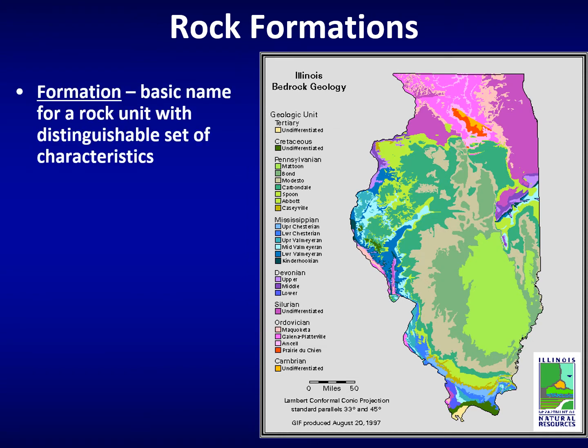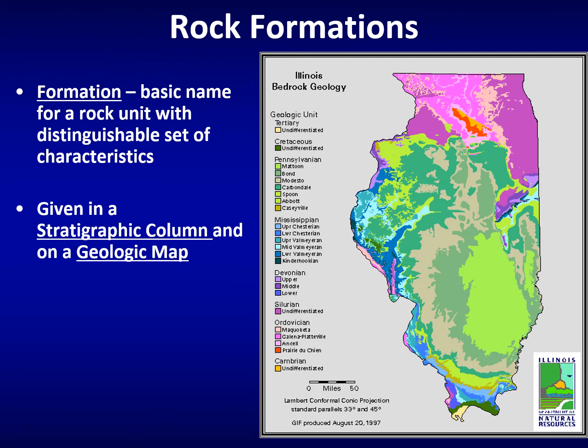If you look at how the rocks are deposited, and when we go out and look at rocks, we're looking at them from the perspective of formations. A formation is a rock unit that has a distinguishable set of characteristics. When you go out and look at, say, the rocks in Illinois, pictured here, there are several different rock formations, or rocks that have similar characteristics that we would group together.